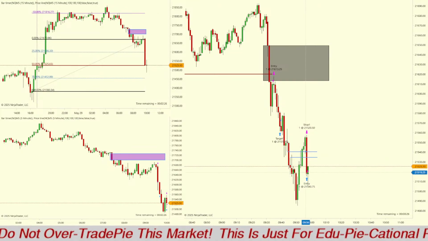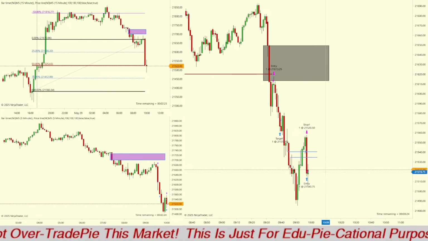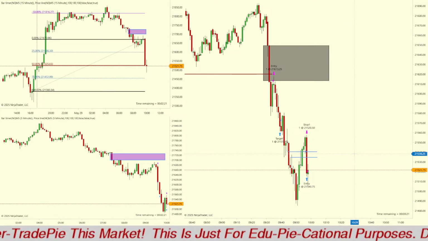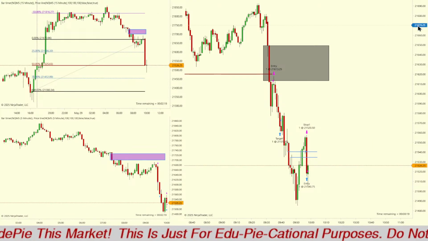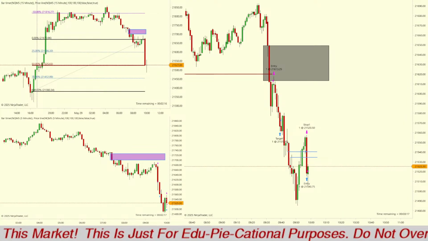Since we are inside this FVG and this order block, I would like to enter for another long.